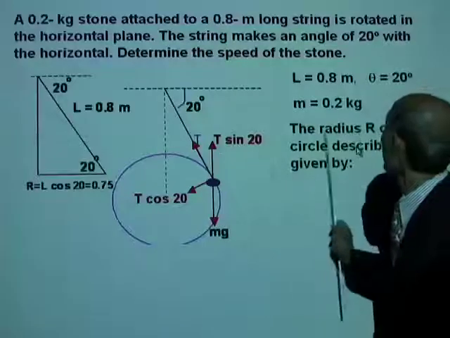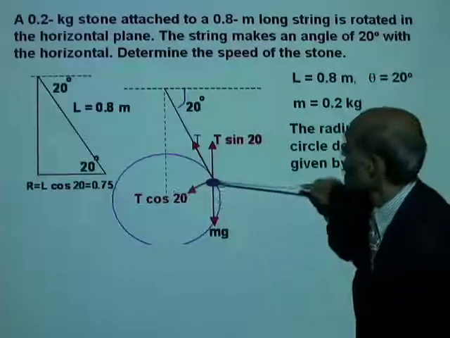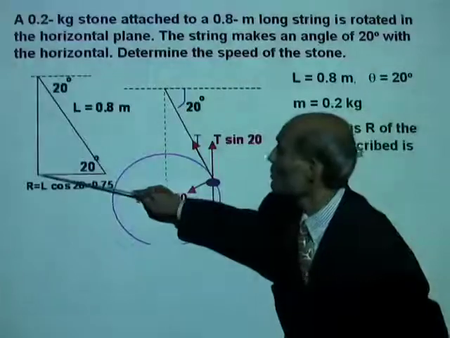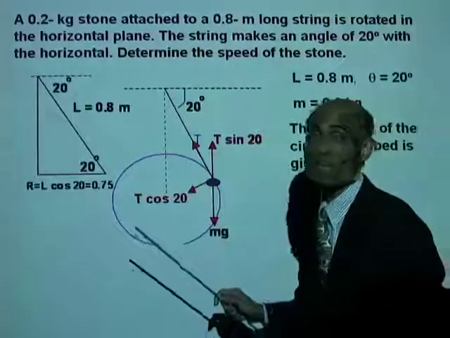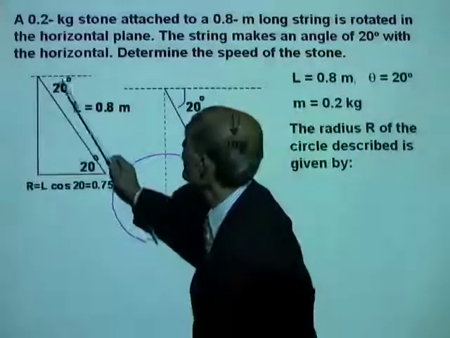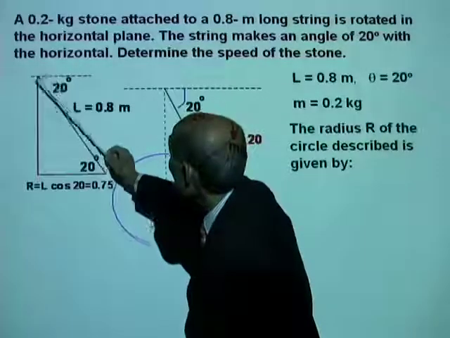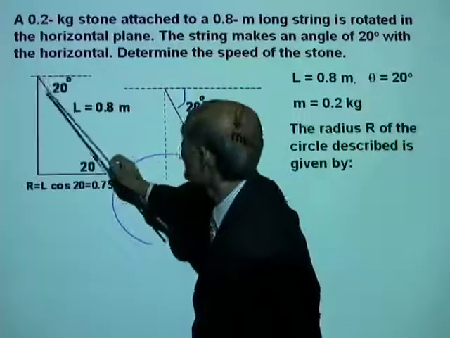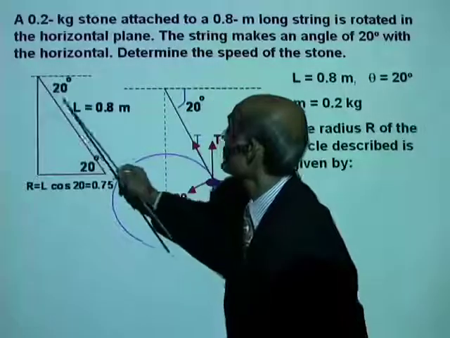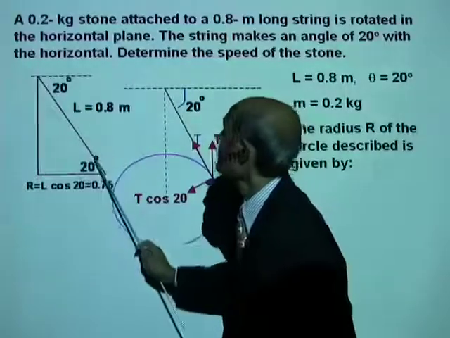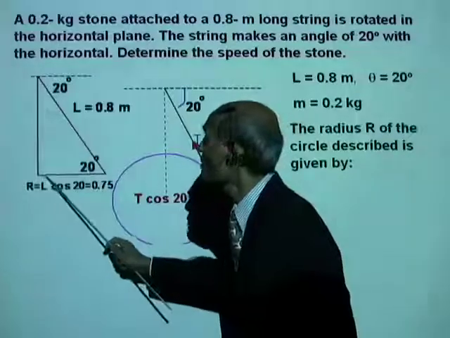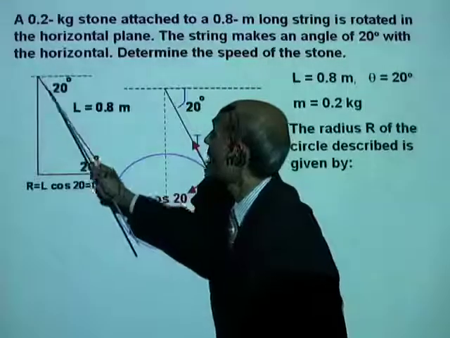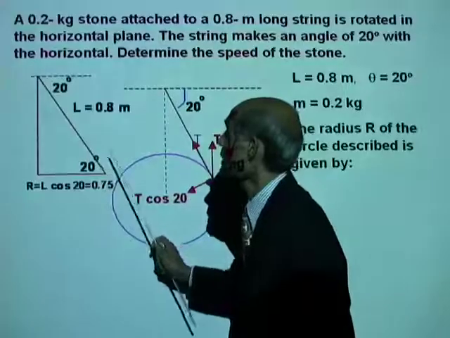The radius r of the circle. What is the radius r of the circle? This is the radius r of the circle. The radius r of the circle can be written in terms of this length L. If you look at this triangle, you know that cosine of 20 degrees is adjacent side divided by hypotenuse.